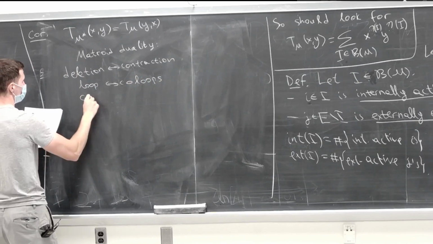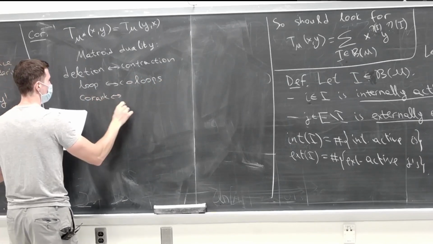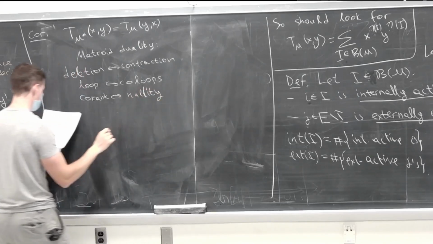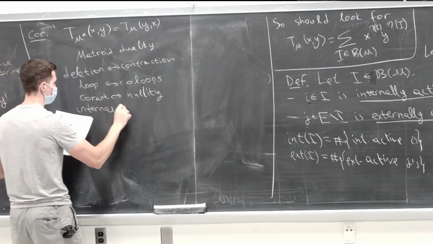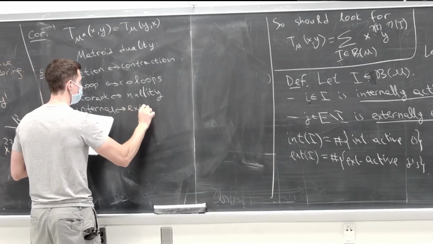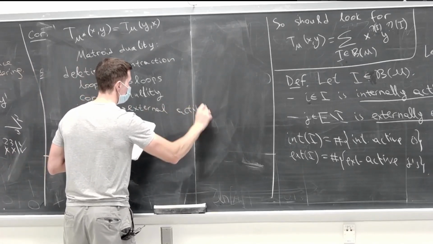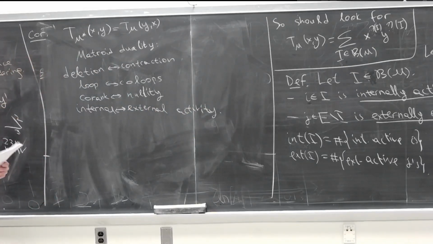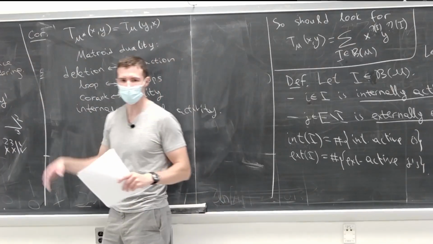And we had this formula for the corank and nullity: corank becomes nullity. And finally, as we just mentioned, internal becomes external activity. So all these notions for Tutte polynomials are quite self-dual in a sense. Any questions on Tutte polynomials?